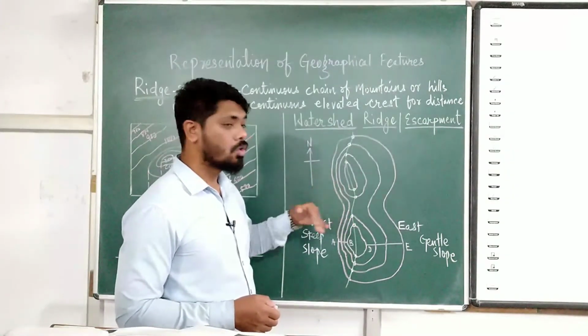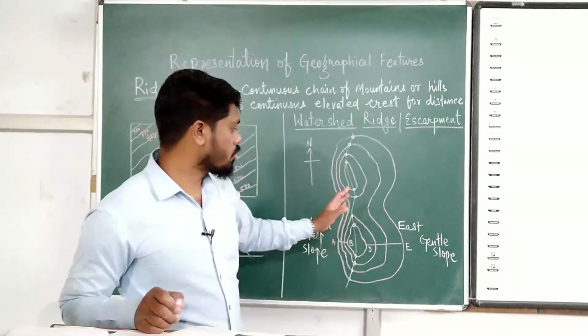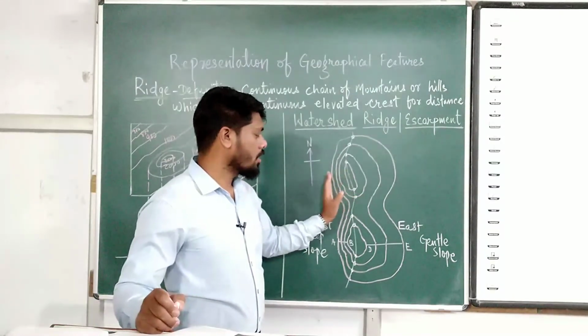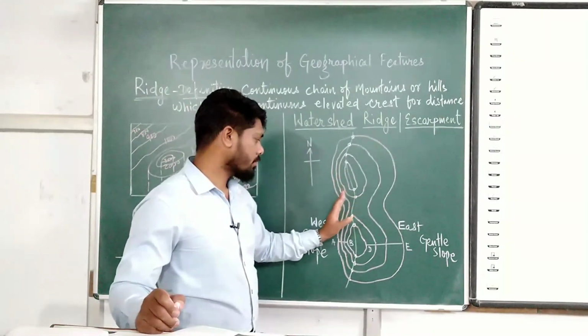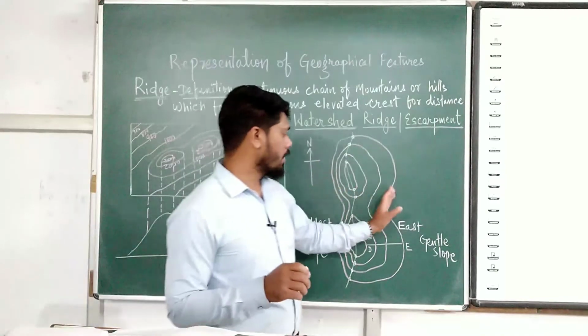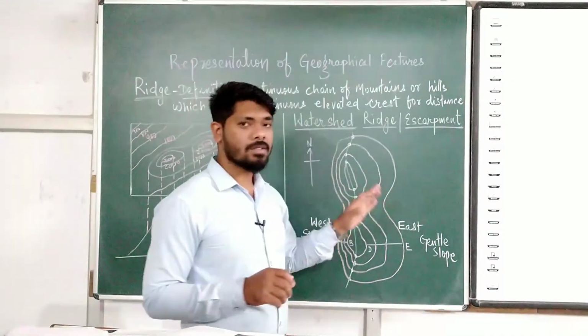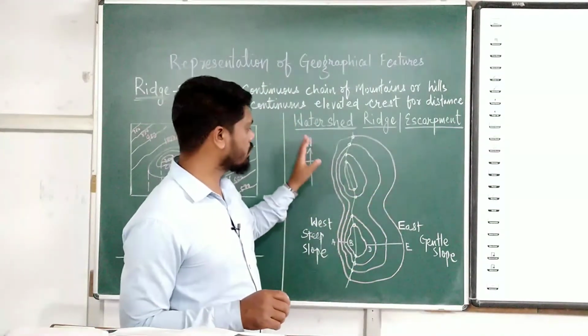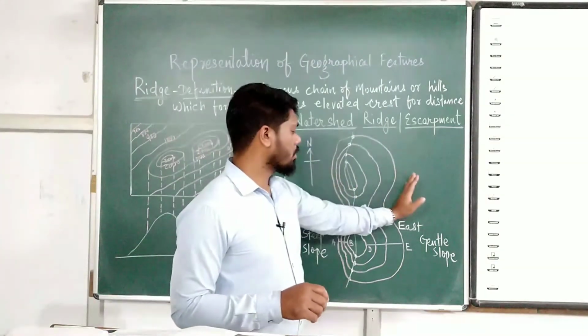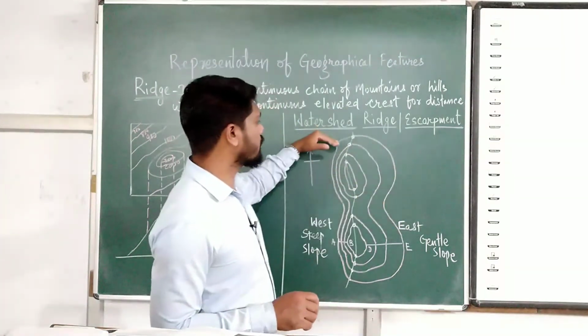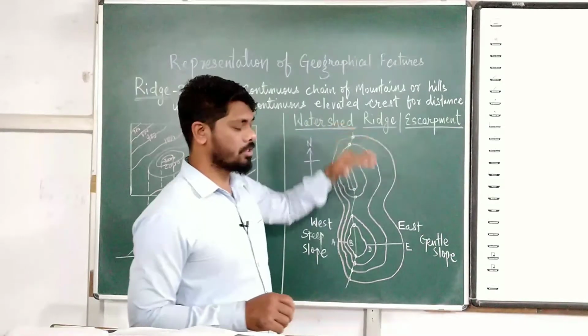How do you know that this is a steep slope? Because the contours are very close to each other. And on the east side they are far away, so they have a gentle slope. So water will basically fall towards the east side. In that term, it is known as a watershed ridge.